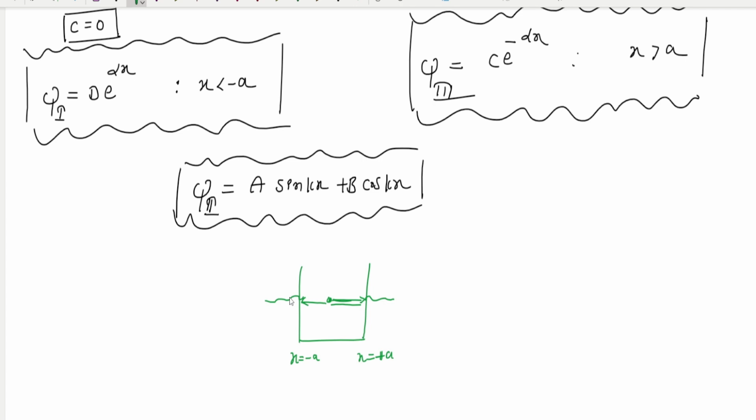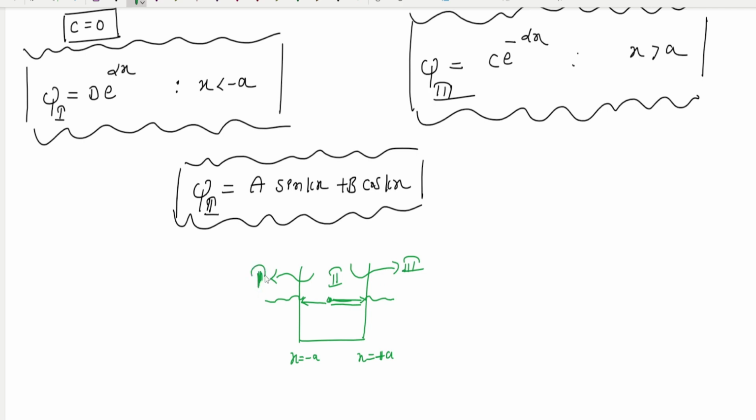So according to this solution, I am going to arrange it like so. In region 2, a symmetric and an antisymmetric wave function is there. Which part is going to match? I don't know at present. Region 1 solution, which part, either symmetric or antisymmetric, will match into the region 3 solution? We want to find that first.